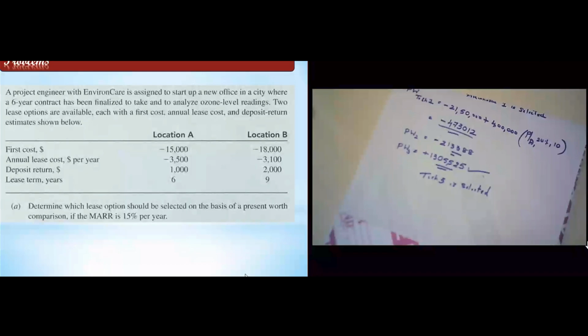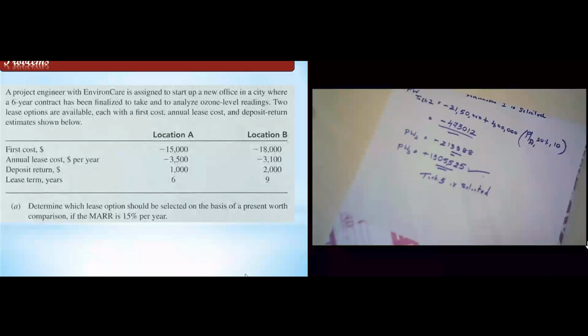So at the end of 6 years, the company will again go with location A and lease it again, and there would be a lease cost for another 6 years, and again they would have a deposit return at the end of the 12th year. Then the cycle would again start and complete.